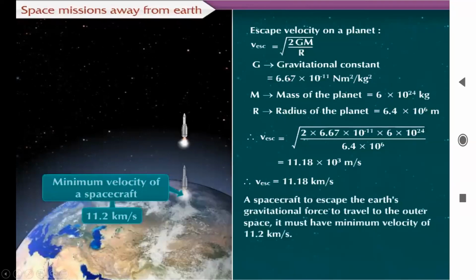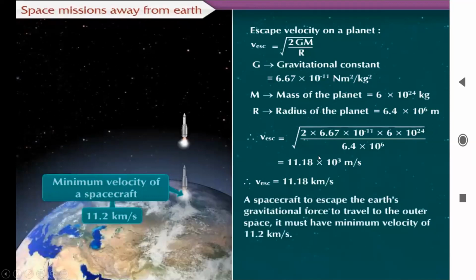When we substitute all these values in the above formula, what do we see? Under root of 2 into 6.67 into 10 raised to minus 11, the value of G, the gravitational constant. Then I put the mass of the planet, 6 into 10 raised to 24, divided by capital R, the radius of the planet, 6.4 into 10 raised to 6 meter.